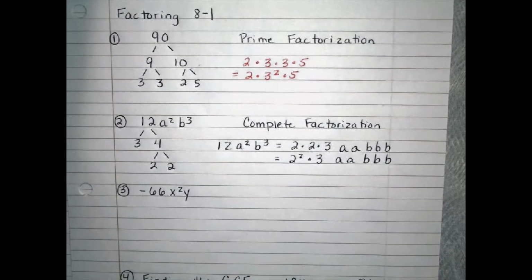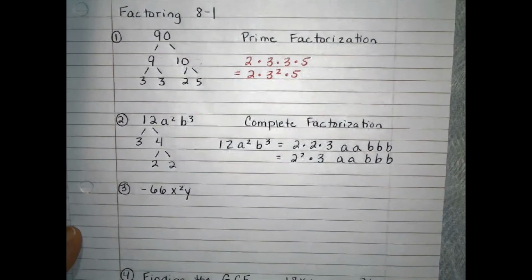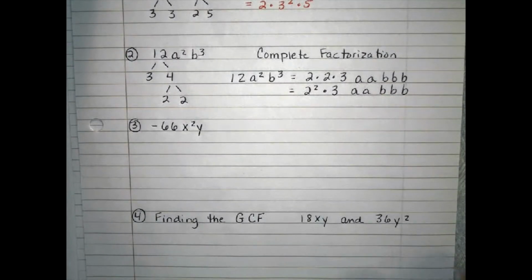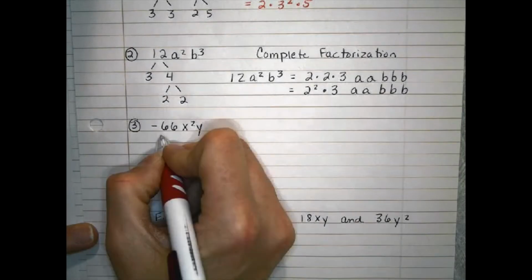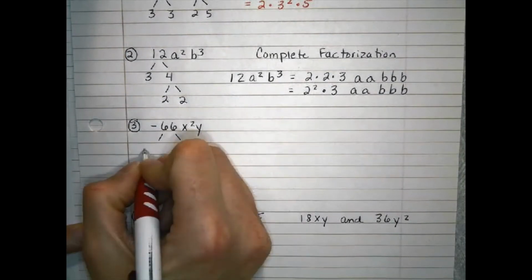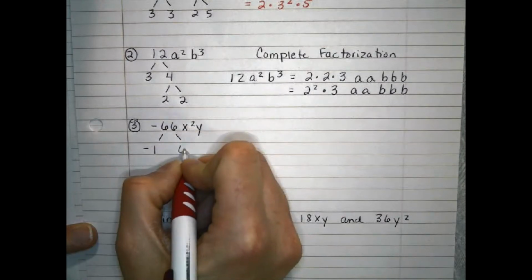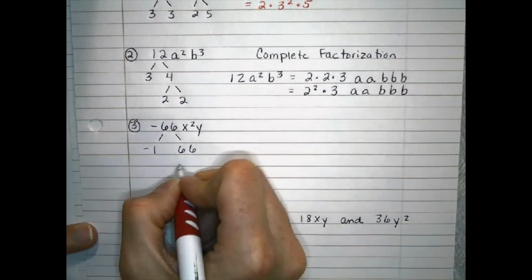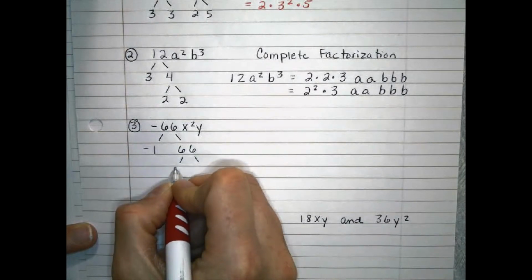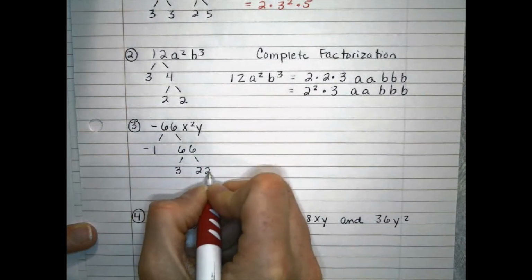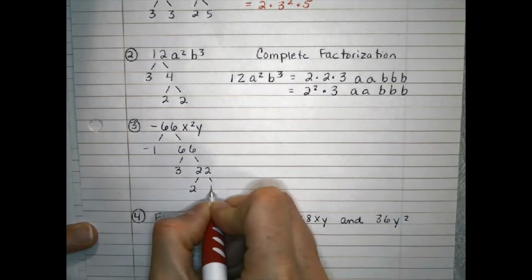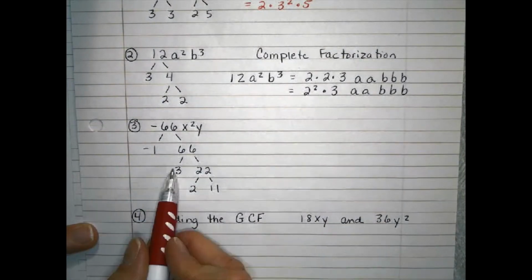Sometimes I am asked to factor a number that's a negative number. And in that case, I always start out by first factoring out a negative 1. So if I have negative 66, that can be written as negative 1 times 66. 66 can be broken down into 3 times 22, and 22 is equal to 2 times 11. 3, 2, and 11 are all prime numbers.